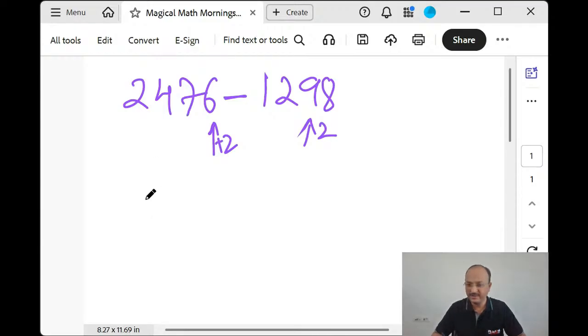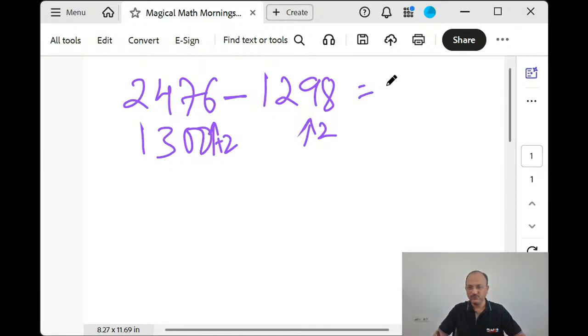Yes, one person gave the correct answer. What about others? 1300 it will become by adding 2. Add here 2 as well. 2478 minus 1300. Yes, now you people got it.